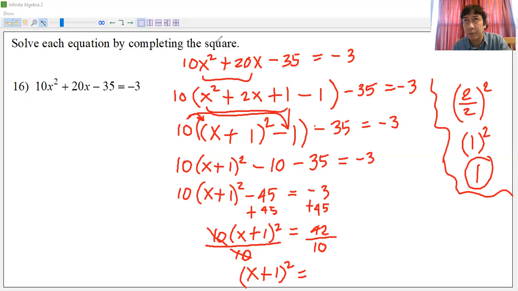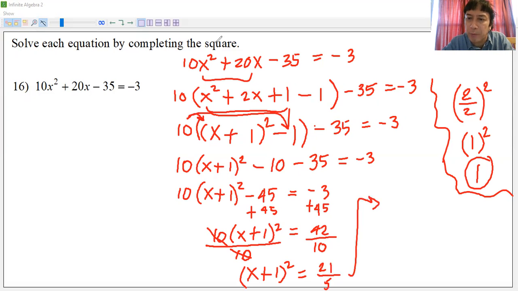So 42 divided by 2 is 21, and 10 divided by 2 is 5.